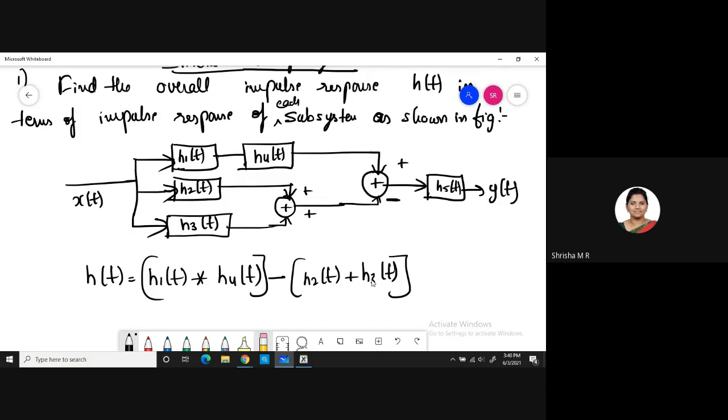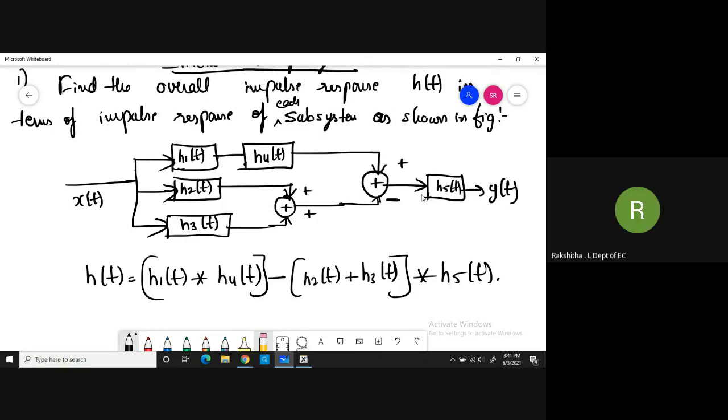Then we have subtracted this whole term. Now you have h5 of t in series with this. So what will you write? Convolved with h5 of t. Got it? Clear?